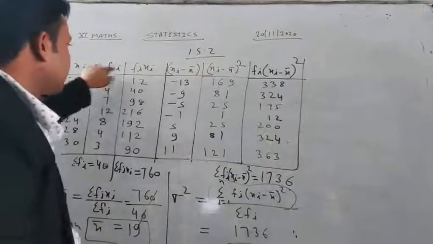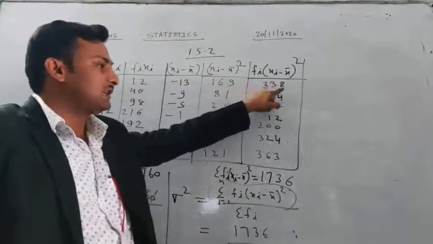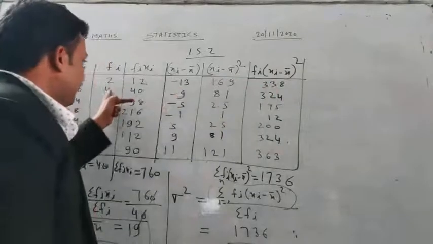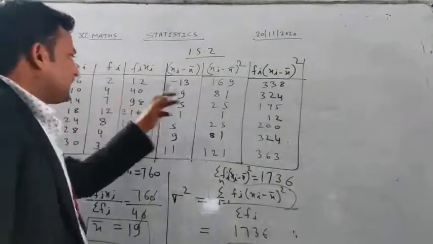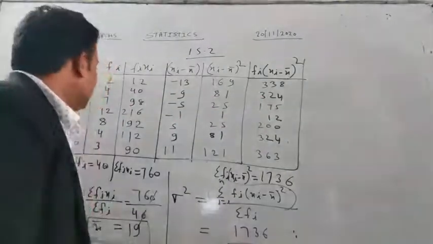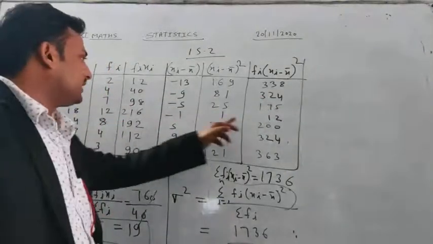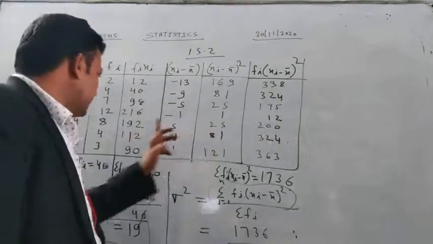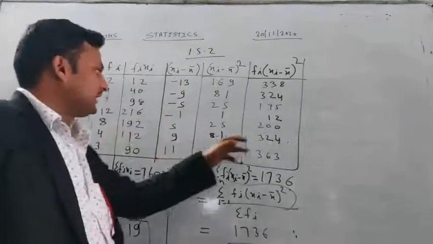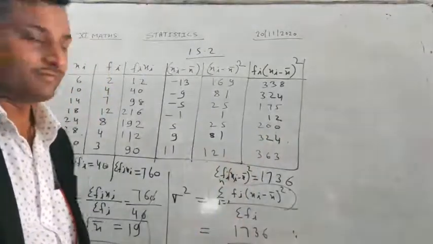So multiplying this with this, we get 338. Multiplying 4 and 81 is 324. Multiplication of 7 and 25 is 175. Multiplication of 12 and 1 is 12. Multiplication of 8 and 25 is 200. 4 and 81 is 324.